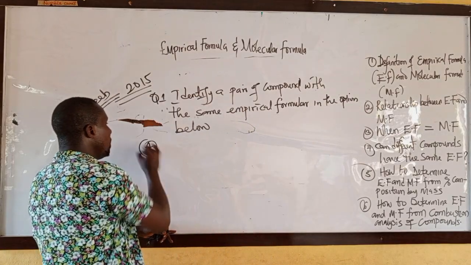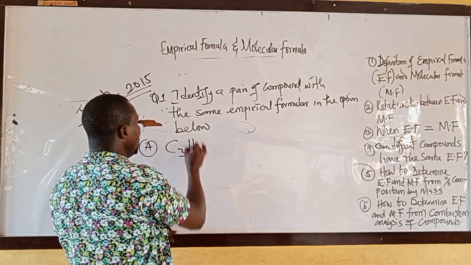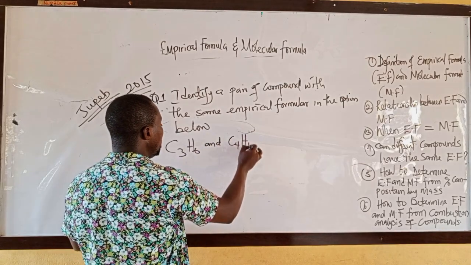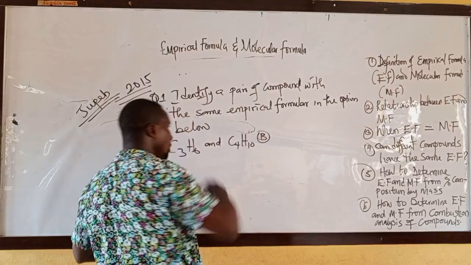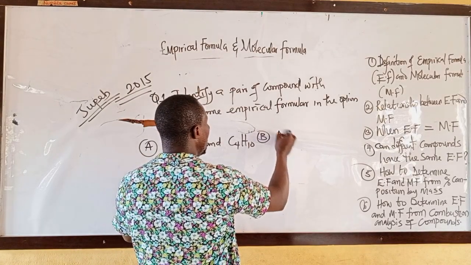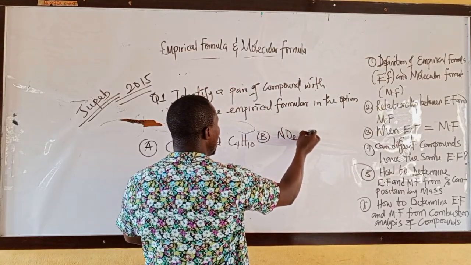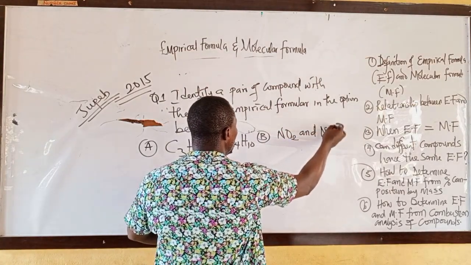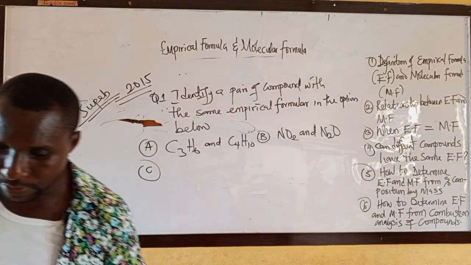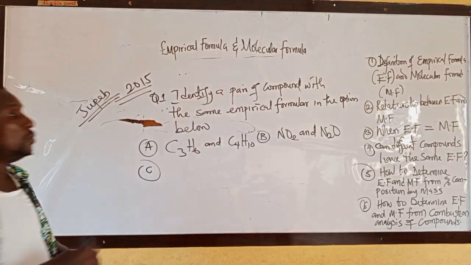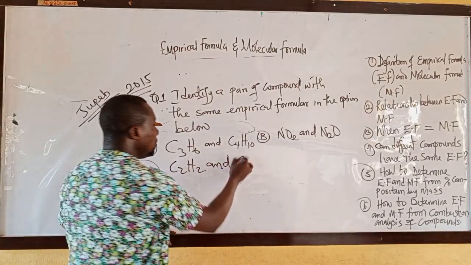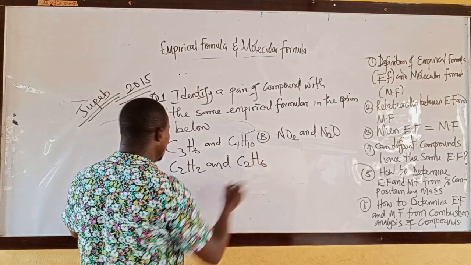Option A, we have C3H6 and C4H10. Option B, we have NO2 and N2O. Option C, we have C2H2 and C2H6.